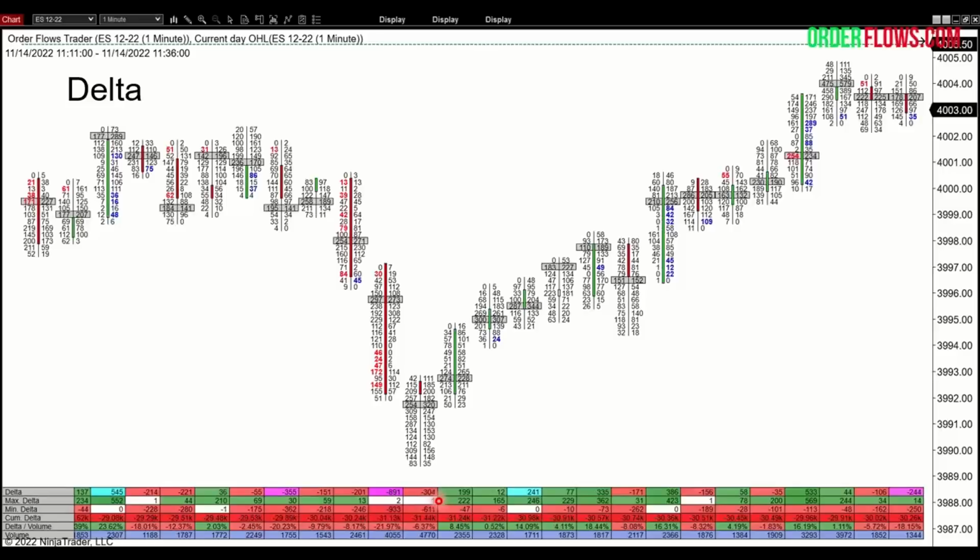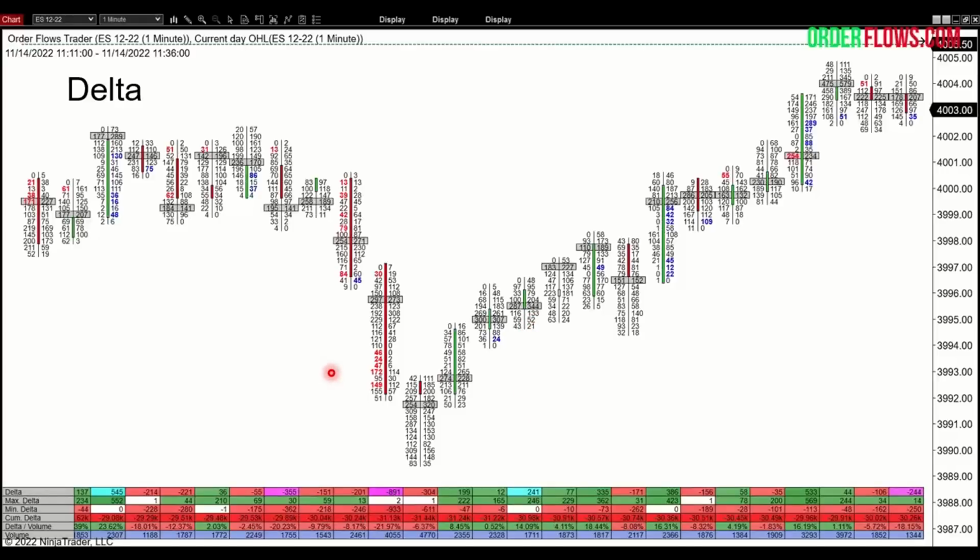It could be 0, meaning they were never in control, or you can see here like 1 and 2, meaning they're only in control for a split second. Bars that have strong min delta are telling you that aggressive sellers are pretty much dominant in the bar. Now, min delta would never be positive. It'll always be negative. It could also be 0, meaning aggressive sellers were never in control of this bar.